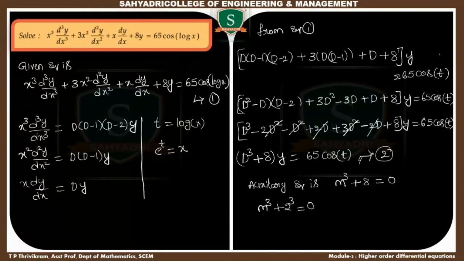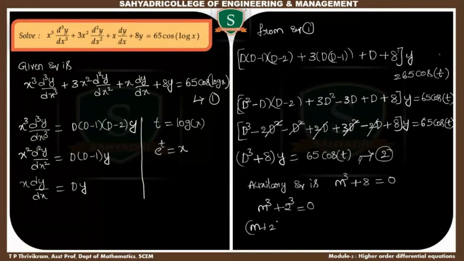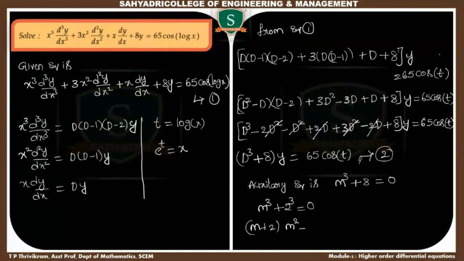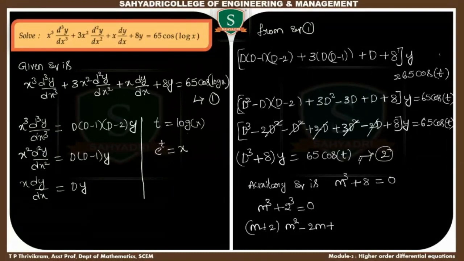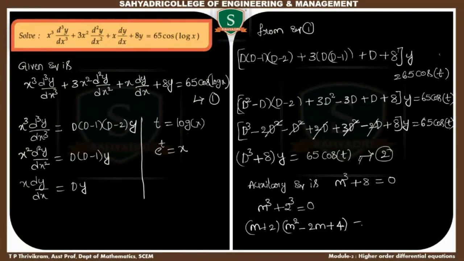What is the formula for a cube plus b cube? A cube plus b cube can be written as a plus b into a square minus ab plus b square. That means m plus 2 into m square minus 2m plus 4 is equal to 0.